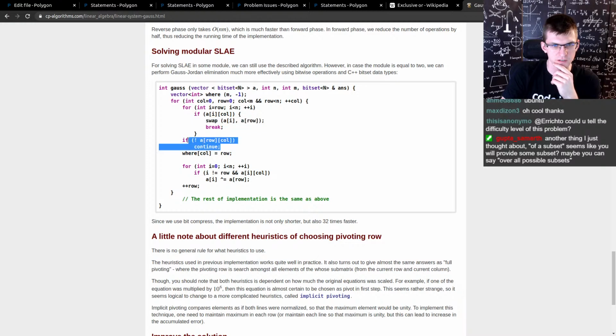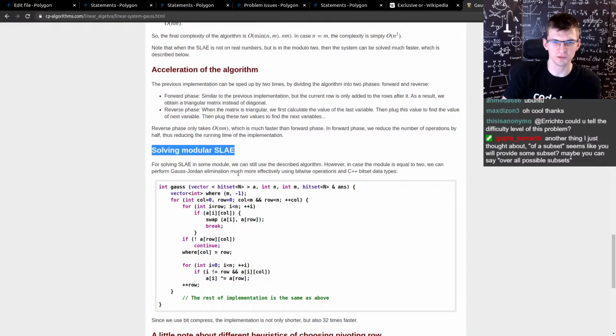If it's 0, then continue. Okay, so they keep track of the current row. Wait, why XOR? This is not modular. What's going on? Oh, so, okay, they called it modular, but actually this is binary.